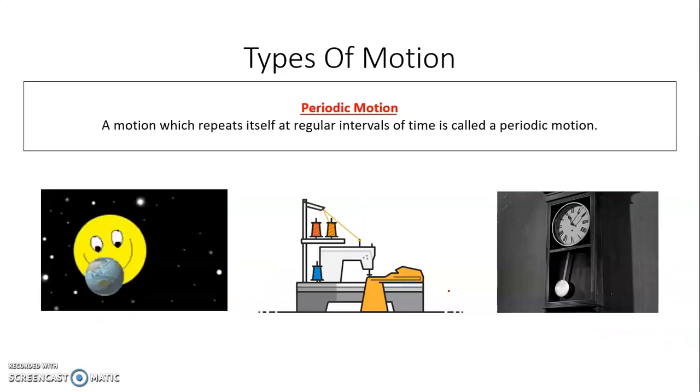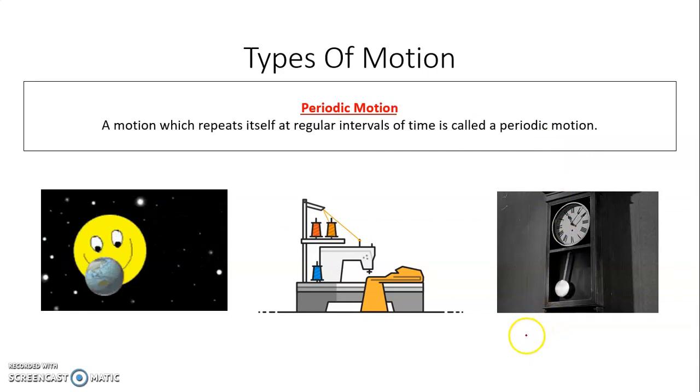Now let's move on to the next category of motion, that is periodic motion. What is periodic motion, students? A motion which repeats itself at regular intervals of time is called periodic motion. Just now we studied that the pendulum of a clock is oscillatory motion.